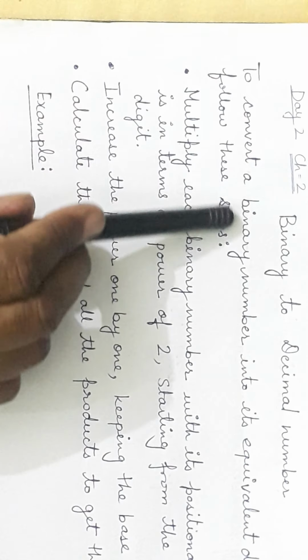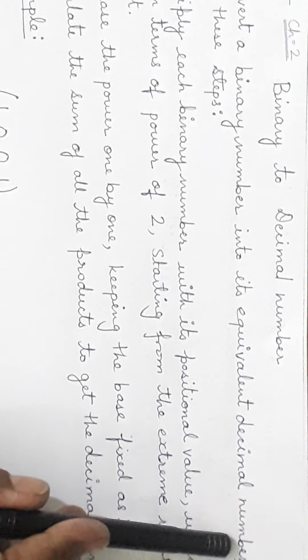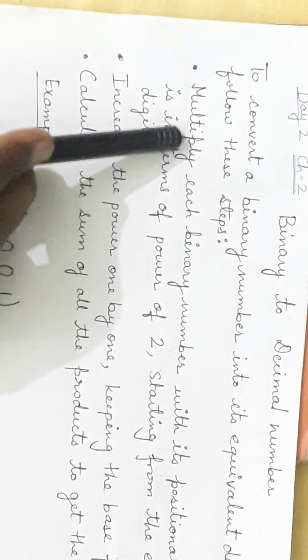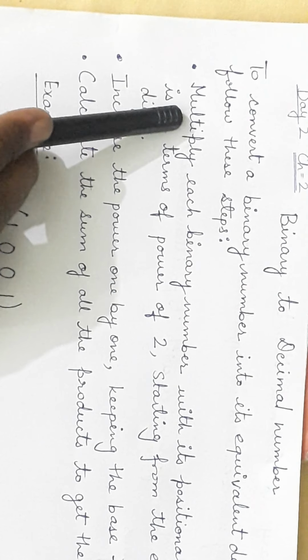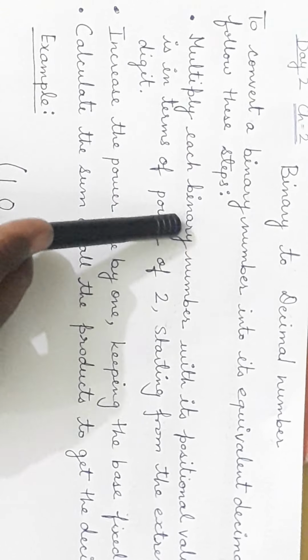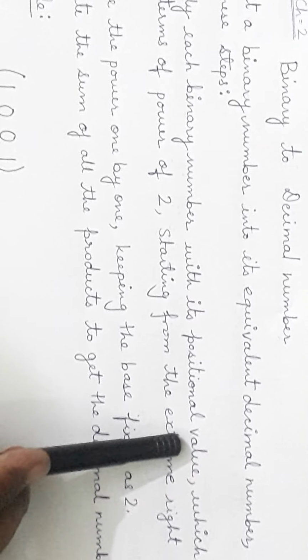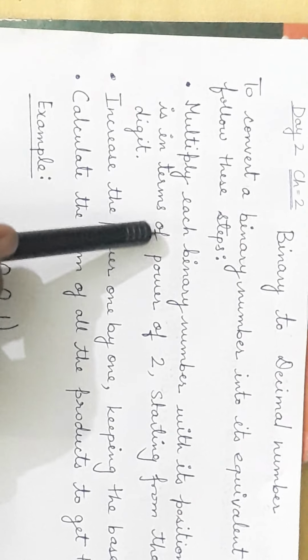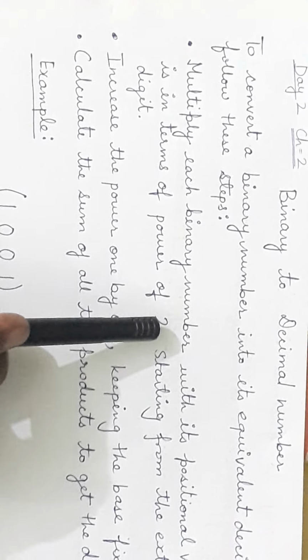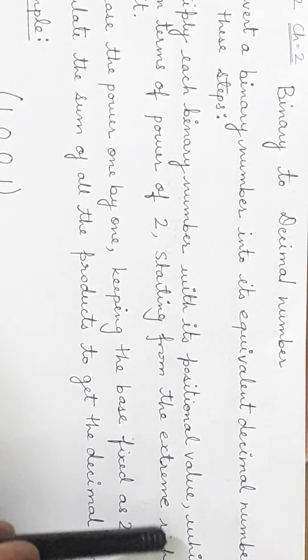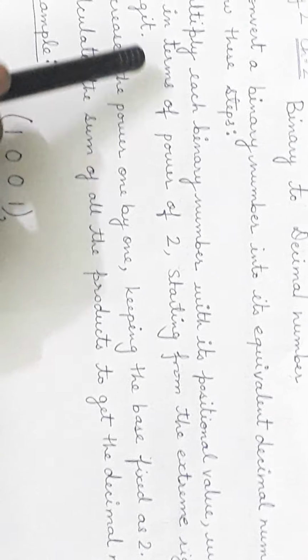To convert a binary number into its equivalent decimal number, follow these steps. The first step is to multiply each binary digit with its positional value, which is in terms of power of 2, starting from the extreme right digit.